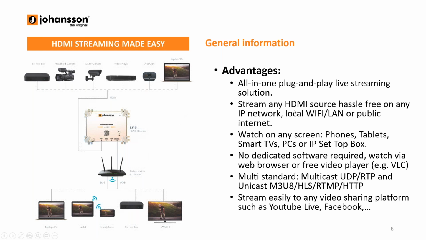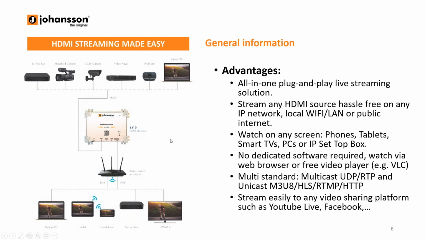Basically it will take any HDMI source, can be a media player, a camera, a CCTV camera, a laptop, a PC, a video player. Any device which has an HDMI output can be connected. And then the output of this device you put on the Ethernet network, but it could be a physical network with physical cables, but also Wi-Fi, or you can even stream it on the public internet.